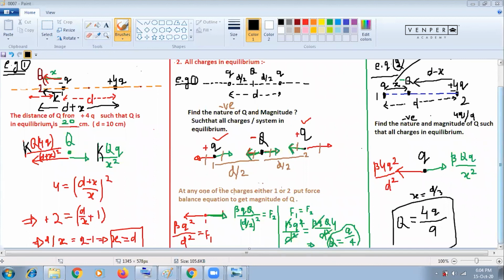This is example one only, right? And tomorrow we'll see all charges in equilibrium condition. Today we are only understanding capital Q in equilibrium.